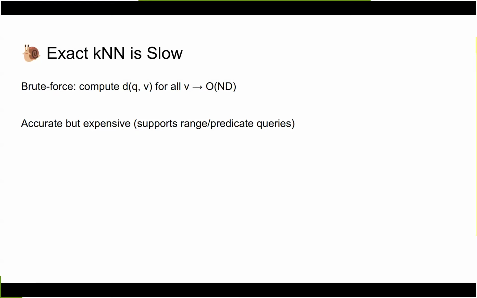The problem is that the exact k-nearest neighbor is very slow. You can imagine that in a real-world database system, you have 1 billion vectors stored in your vector database. If you really care about the exact 10 nearest neighbors, we need to go through all of those 1 billion vectors and compute the distance, which is very hard.